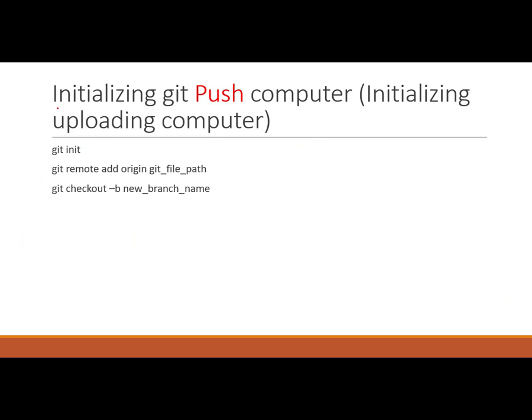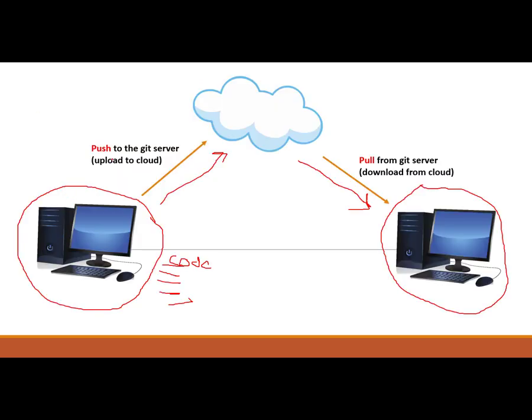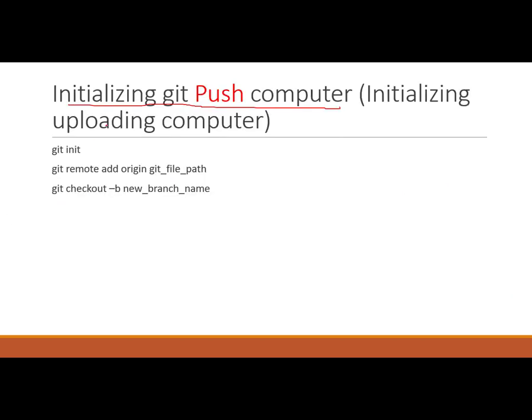Firstly, you have to initialize the push computer. Push computer means this computer. For that you can type git init, git remote add origin, and you have to add the HTTP path.